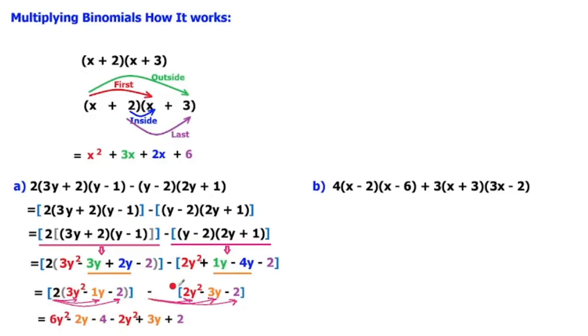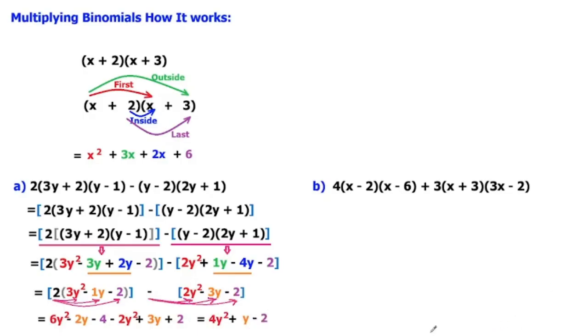Now we multiply in our negative 2y squared. Then negative 1 times negative 3y gives positive 3y. Then negative 1 times negative 2 gives positive 2.